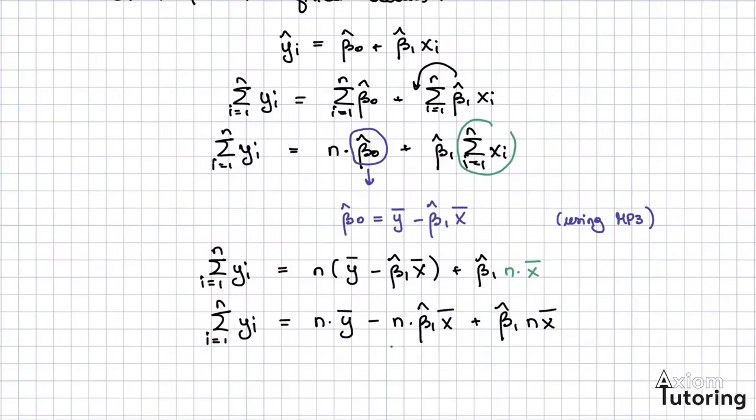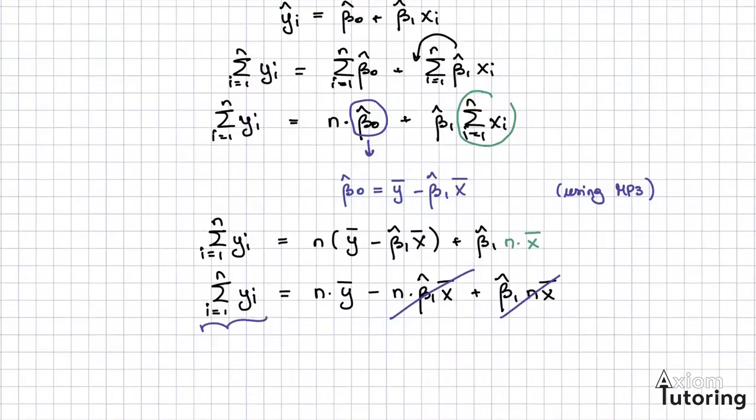These two terms cancel each other out, and we can use the average formula also on this side, and we can rewrite these simply as n times y bar equal to n times y bar.